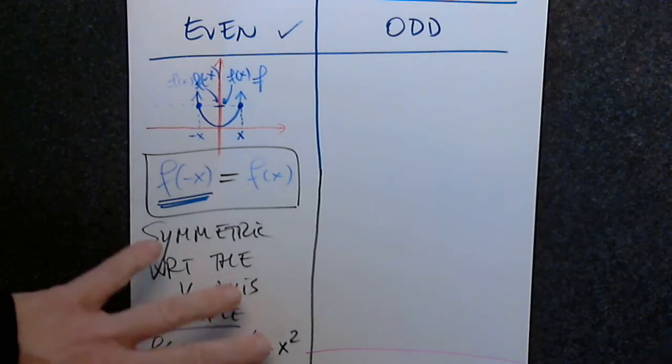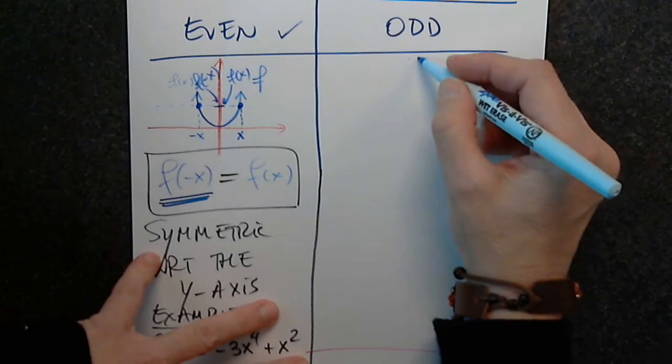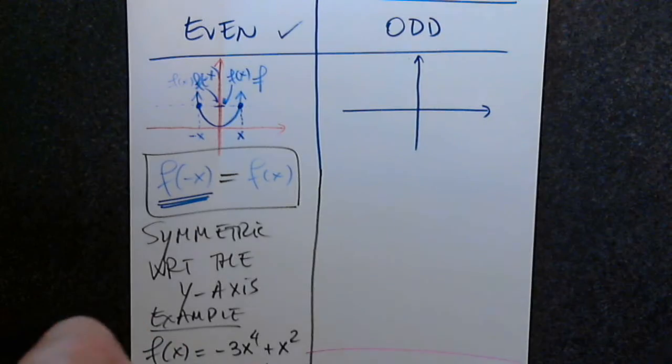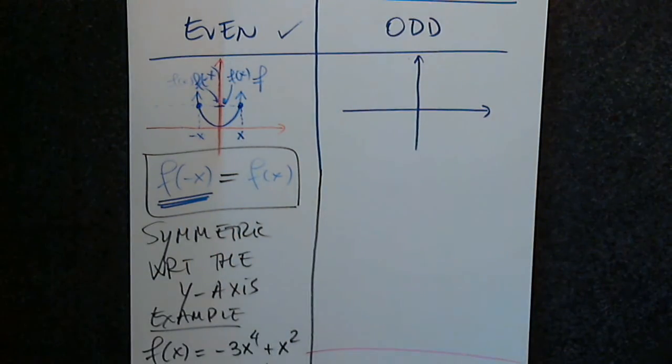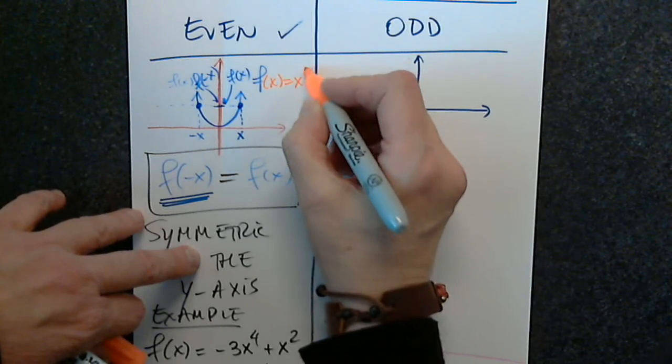Here's a second possibility. Any questions? Anyone? Okay, here's the second possibility. Does anyone remember this function that I used here? I used the function f of x equals x squared.